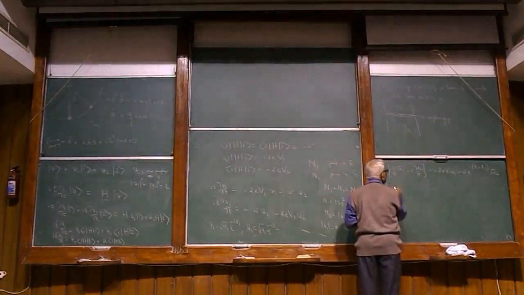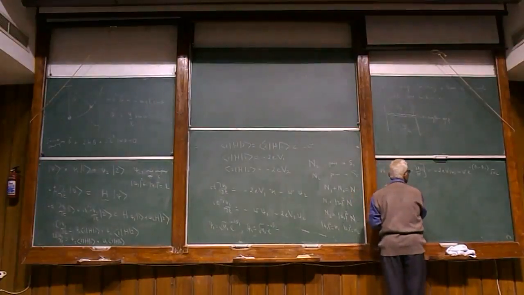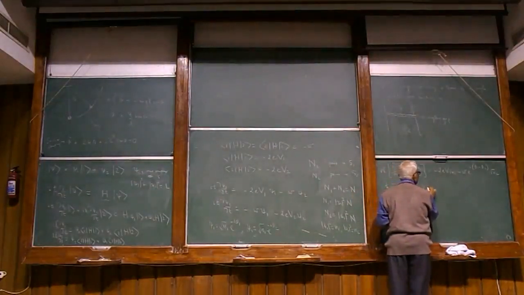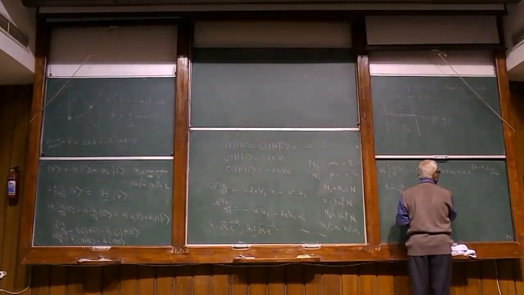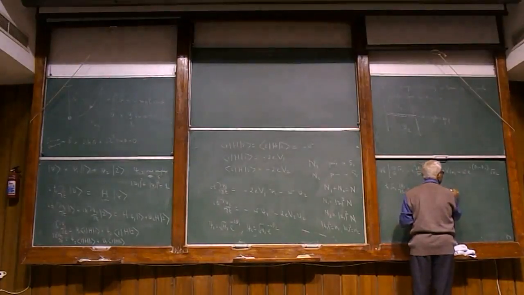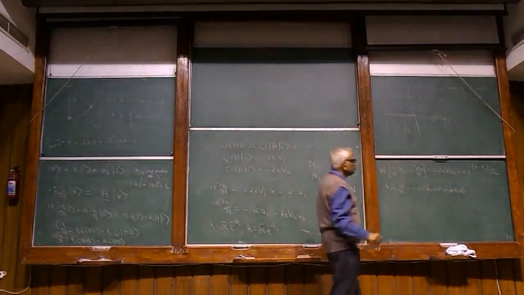Then h bar square root of n1 del theta 1 del t is equal to minus 2 eV square root of n1 minus w square root of n2 cosine of theta 1 minus theta 2.